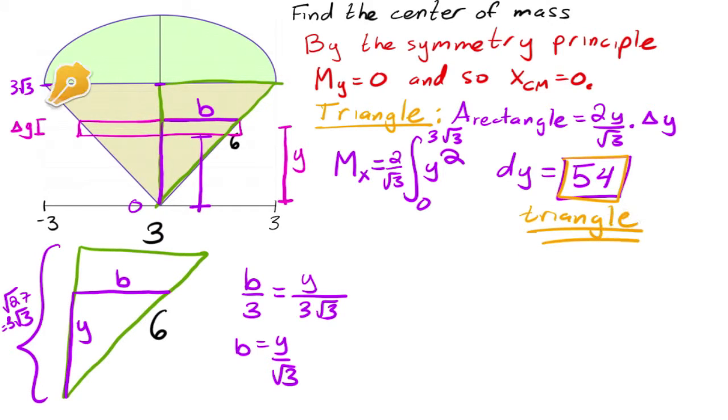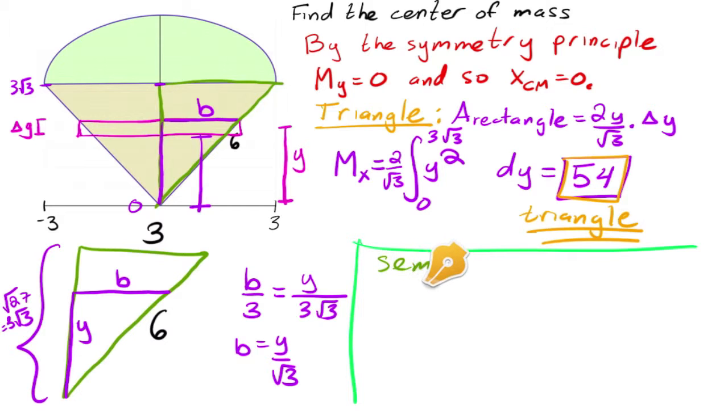So now what I need to do is the semicircle portion. So let's do this right here. Let me make a little box here. So the semicircle. And then I'm going to add up both of the moments. So let's do the similar analysis here.